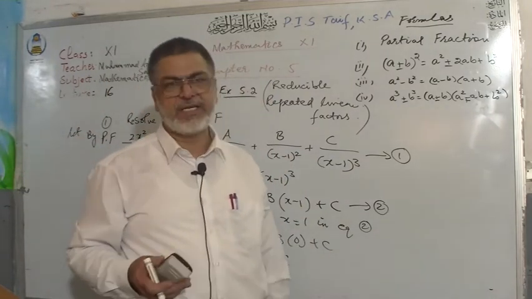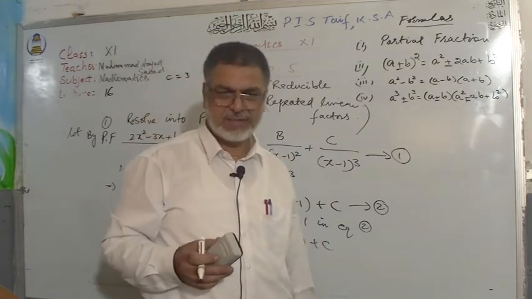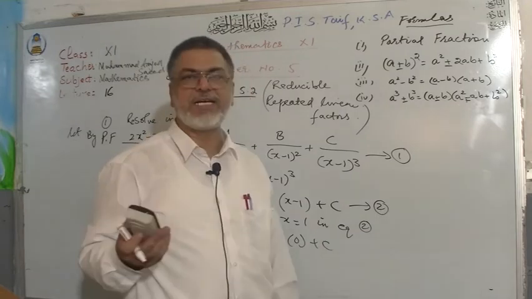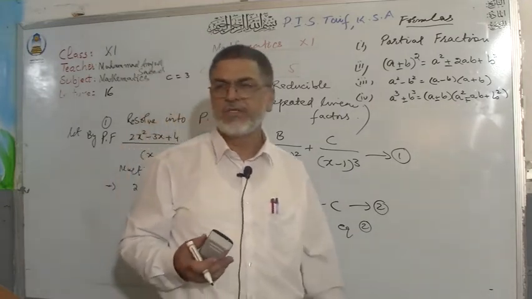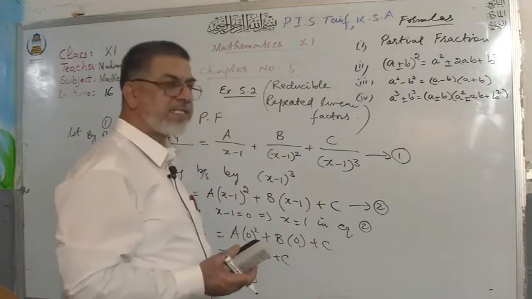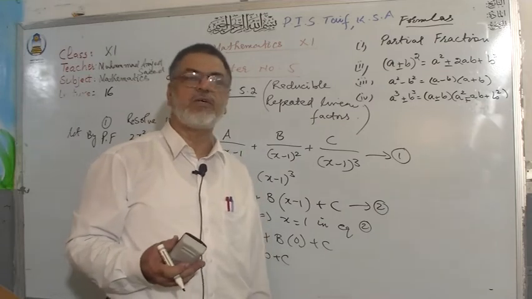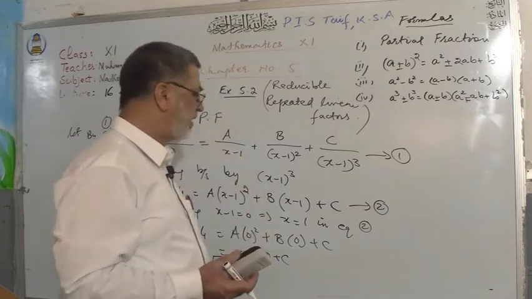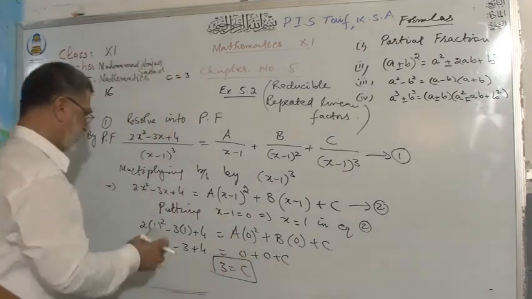Again I am repeating, when the putting method fails and you do not have any variable or bracket which can be written as equal to 0, then you will apply the second method, which will be used up to your last exercise. That is known as the comparison method.